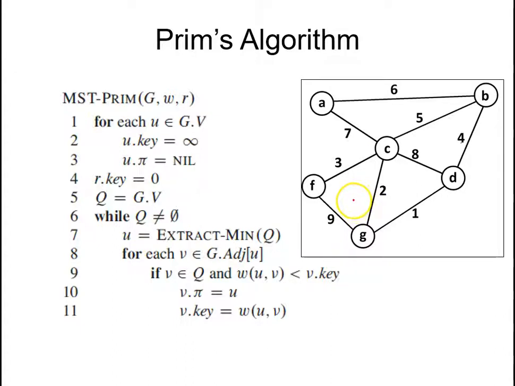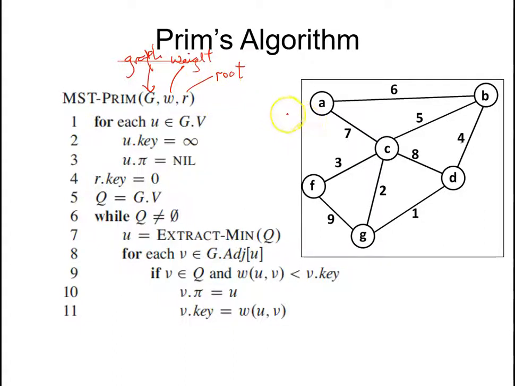Okay, good. But now in explaining the procedure, I'm going to take the algorithm into consideration. What the algorithm does is we have our graph G, we have our sets of weights, and we have our starting vertex, which could be any vertex.